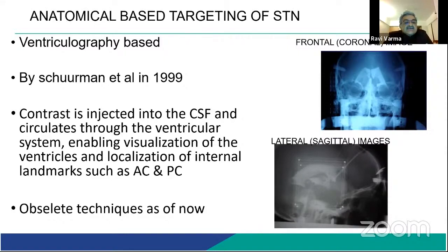And here the AC-PC landmarks are marked, and from there they calculate where the point should be, or where the nucleus will approximately be. Now, I have no idea who uses them still. I think Lenoble still uses it in some places, but I'm sure that it's more or less an obsolete technique because of the excellent imaging that we have these days.